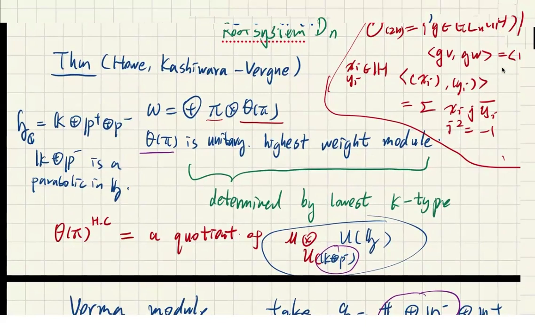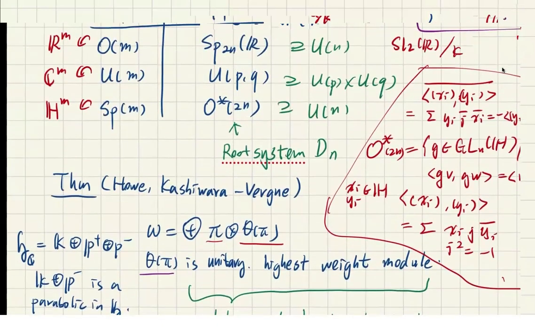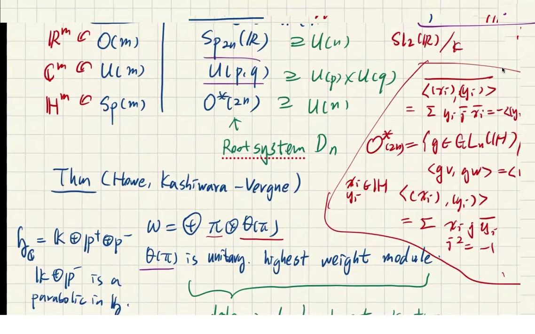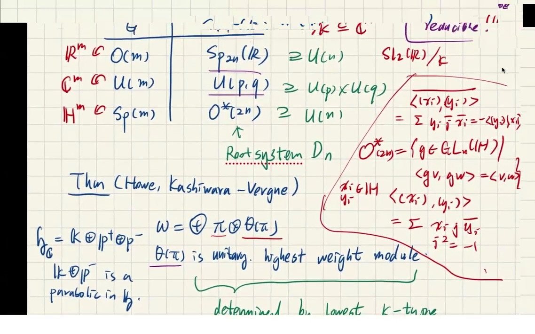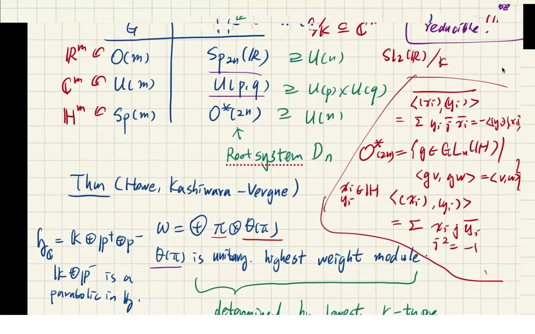And in fact, later, I think Enright, Howe, Wallach showed that almost all unitary highest weight modules for these groups, actually for U(p,q), Sp(2n) and so on, I think for these two groups, all unitary highest weight modules occur in this way, as theta lift of a finite dimensional representation from the compact dual pair.